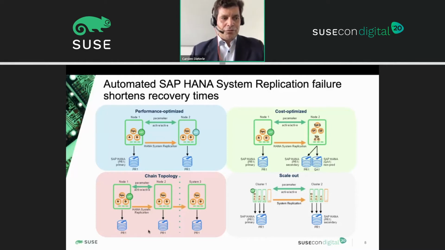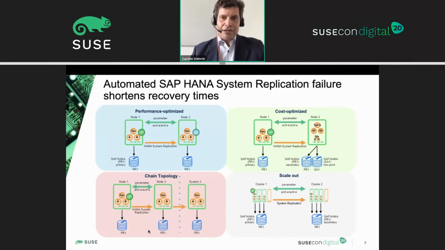Very important for very critical systems is probably the performance optimized method, where we have an active cluster, and we are using HANA System Replication to replicate the data from system 1 or data center 1 to data center 2, to have the data already in memory and to really just change the IP addresses and be up and running very, very fast.